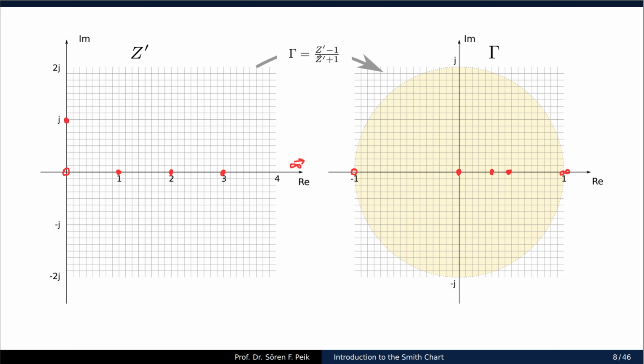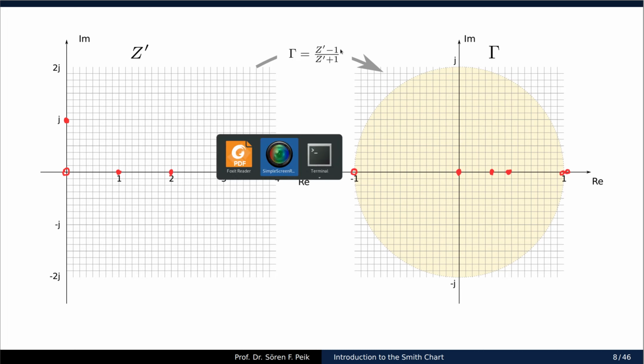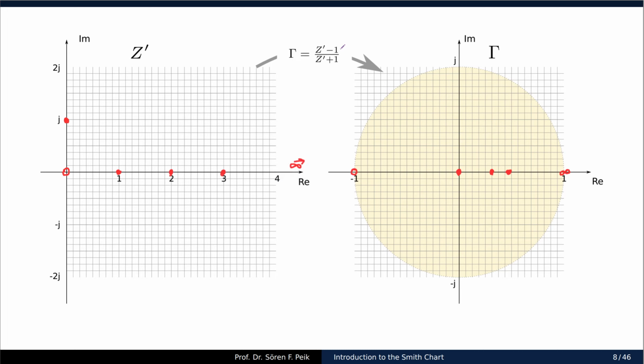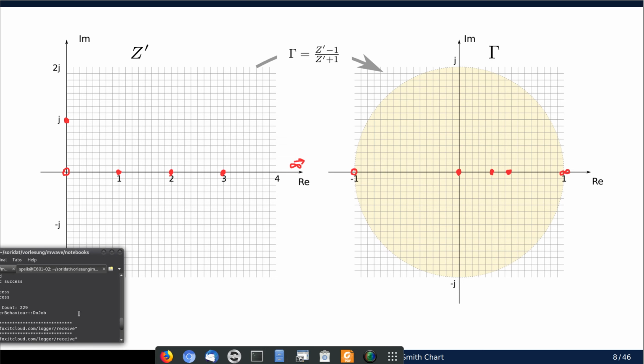j minus 1 over j plus 1. Well, that's something that's not easy to calculate. Either we do it on a sheet of paper, or I use my prepared thing. Sorry, I have to open up a new tab here.